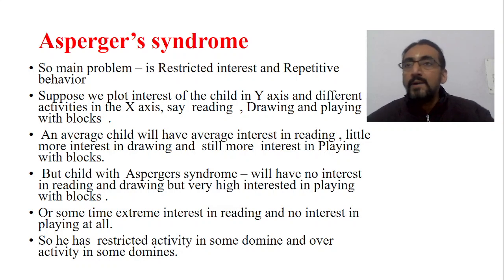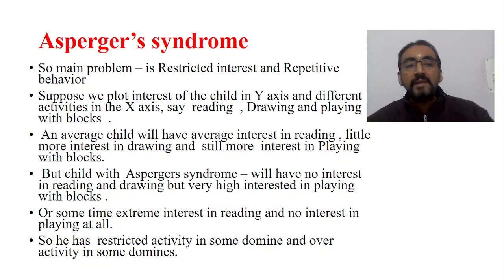An average child will have average interest in reading, a little more interest in drawing, and still more interest in playing with the blocks. This is normally seen in children, isn't it? So they will have more interest in playing, somewhat interest in drawing, but very little interest in reading.